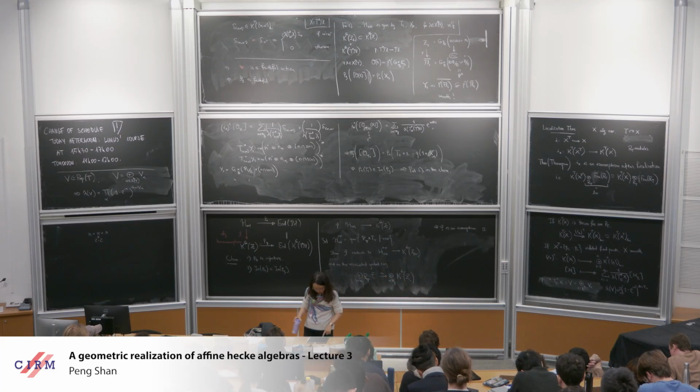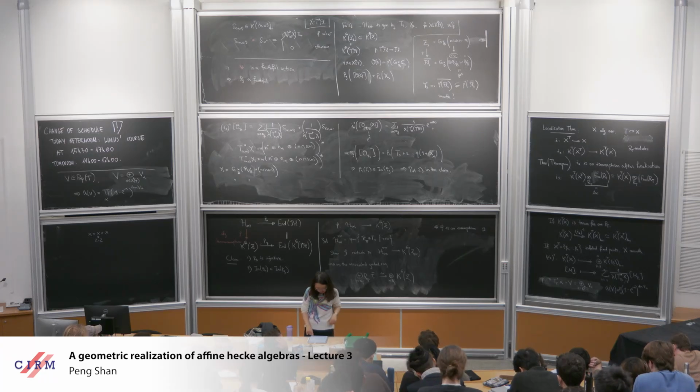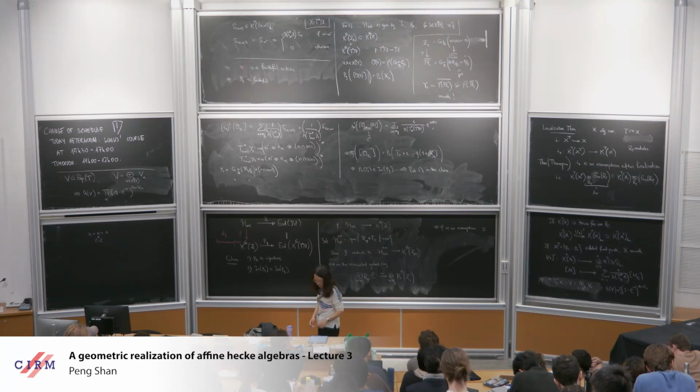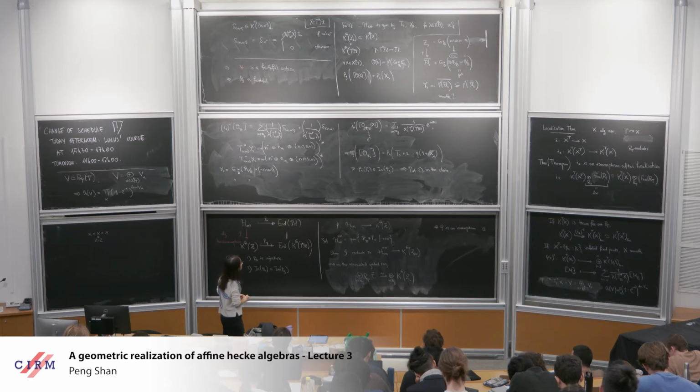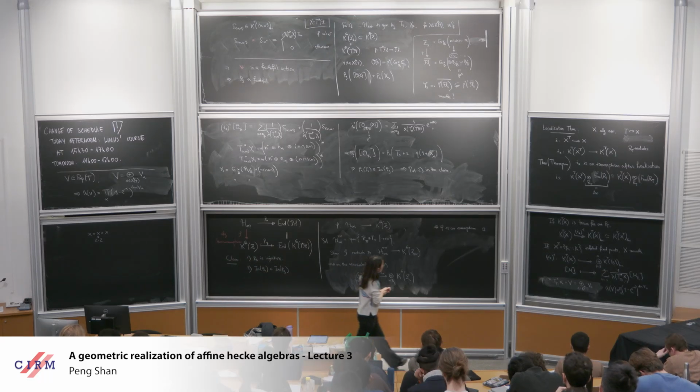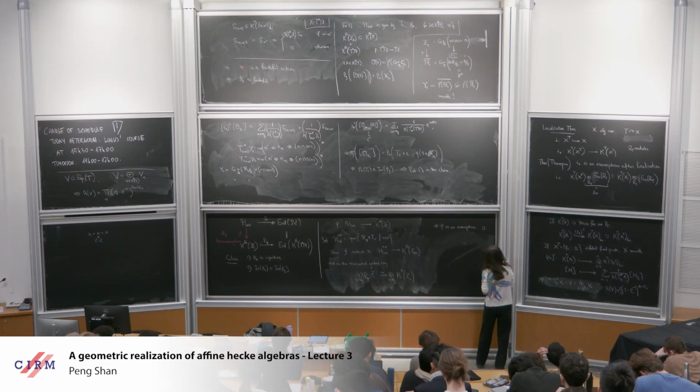Okay. If everybody is good, we can now move on to discuss consequences of this isomorphism. One of the consequences is you can use this to study representations of an affine Hecke algebra using some geometric construction.